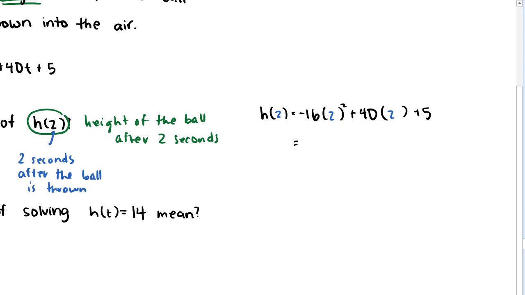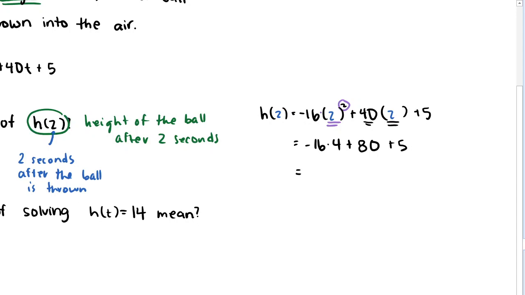Here order of operations tells us to square this 2 first, not this negative 16, that's not included in the square, because they're separated by multiplication. Here we have negative 16 times 4 plus, okay, now we have 40 times 2, that's 80. And then we have plus 5.